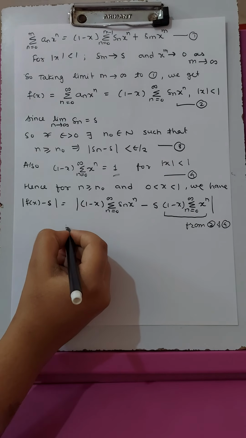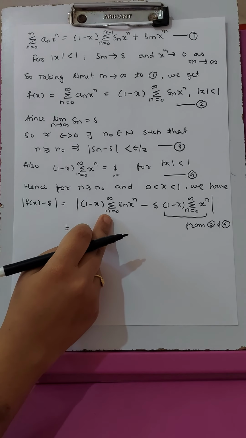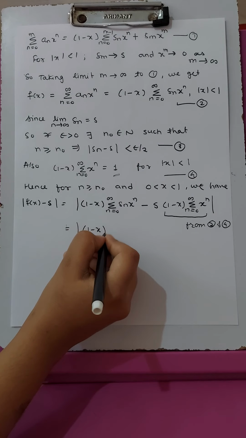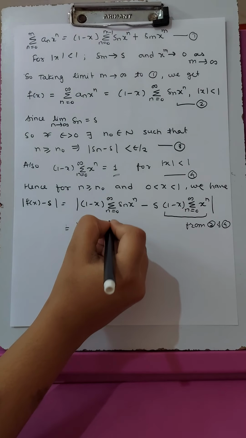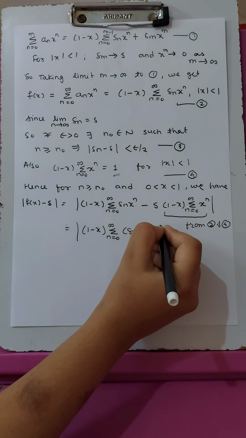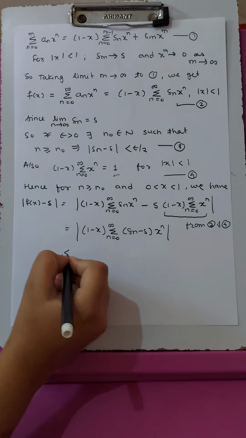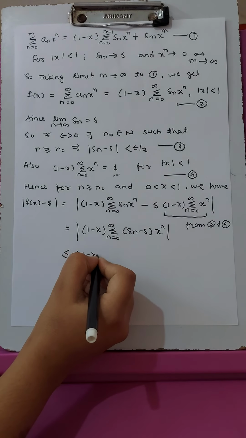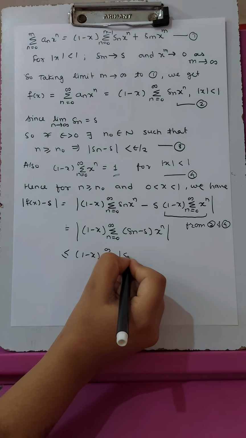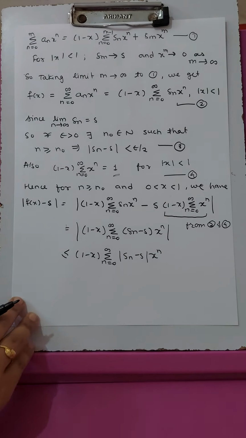Now next, taking 1 minus x summation n from 0 to infinity x to the power n common, we get 1 minus x summation n from 0 to infinity of Sn minus s times x to the power n. Now this is less than or equal to 1 minus x summation n from 0 to infinity mod of Sn minus s times x to the power n.